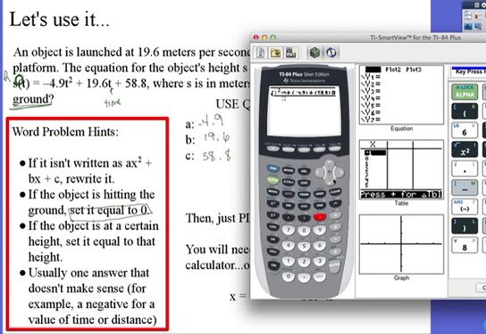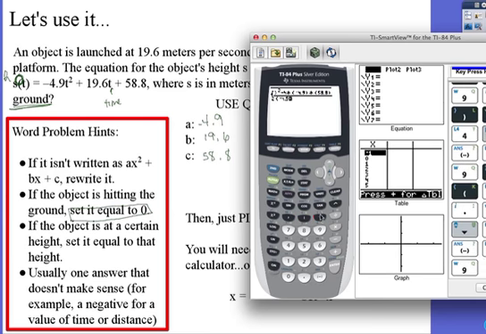Don't hit enter, hit down. That gets you to the bottom, and down should be 2 times a, negative 4.9. Enter. So one of my solutions is x is negative 2.